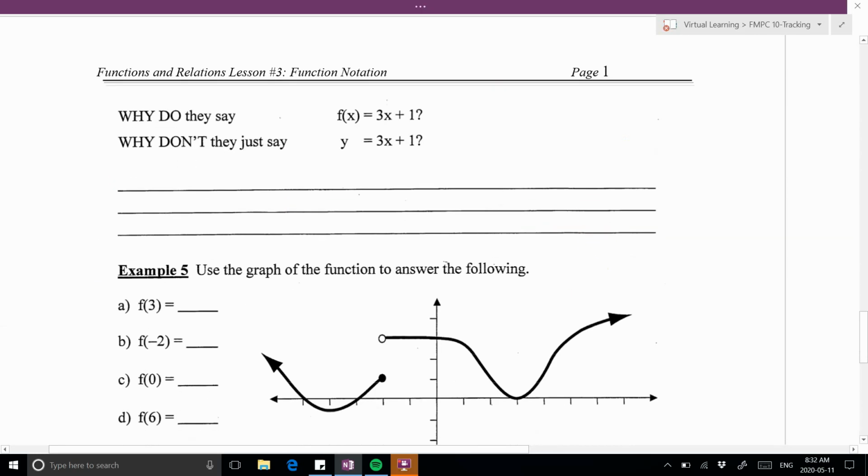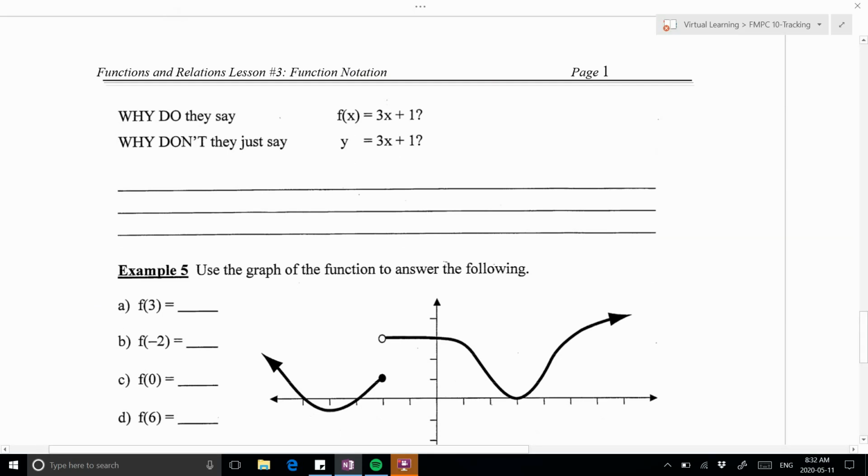So why do we bother? Why do we even say f at x when we can just say y? And really, it's just to specify, just like with domain and range. Like, what's the point in writing domain and range? Because it tells us something about the graph, right? And so with these function notations, it tells us the graph we are looking at is a function.